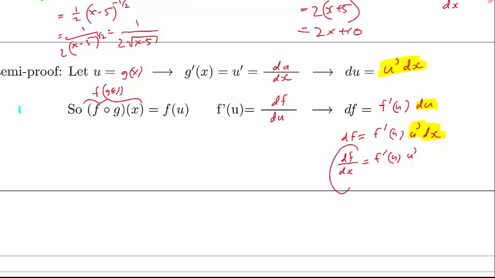Alright, so this might look a little bit confusing at this point, so let's just remind ourselves, what is df dx? Well, what is f? F is a function of g, which is a function of x. And we're taking the derivative of that with respect to x, right?